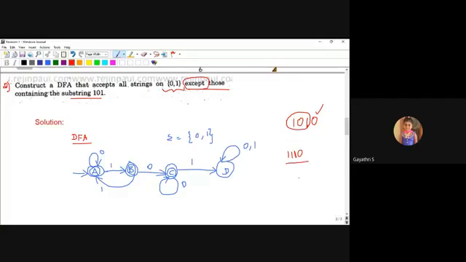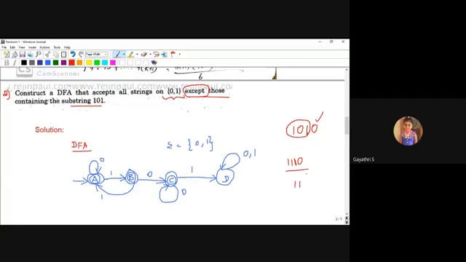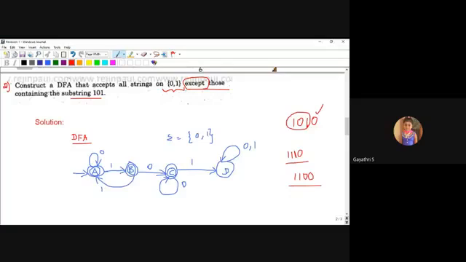Then 1 1 0 0. What about this string? For 1 it will come to B, for another 1 it will come to A, for 0 it stays on A, another 0 stays on A. A is a final state. This string is also accepted by this automata.